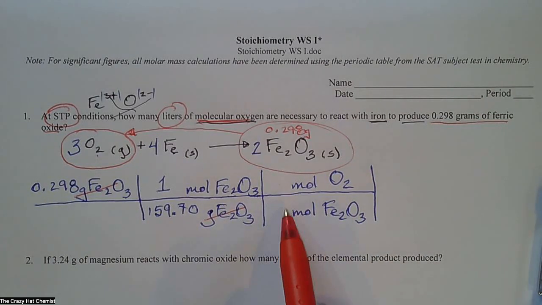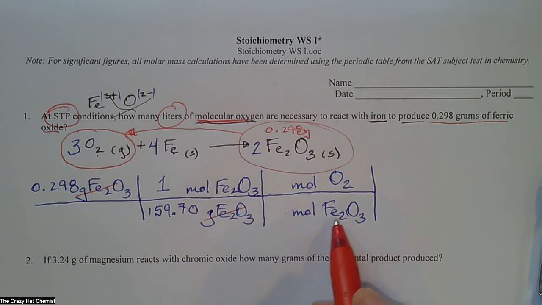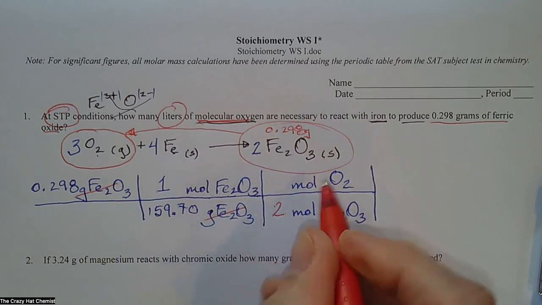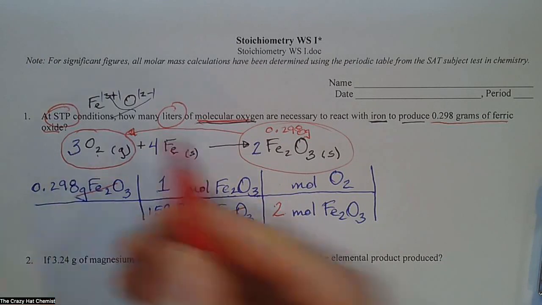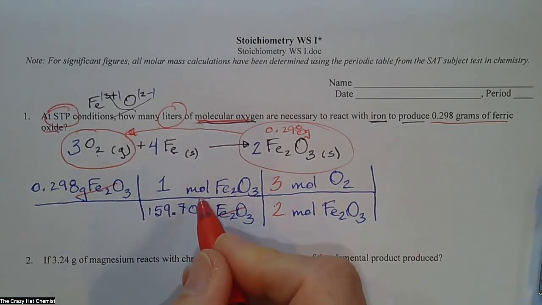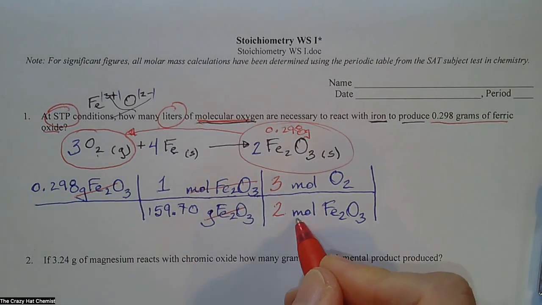The numbers in front of the moles are the stoichiometric coefficients from the balanced equation. So this is Fe2O3, that is a 2, this is a 2, this is O2, that is a 3, this is a 3. Okay, and you should see that the moles of ferric oxide cancels out at that point in time.